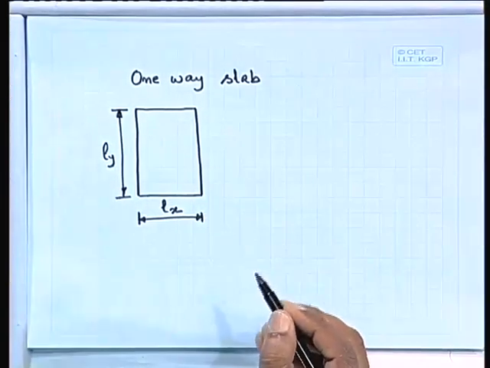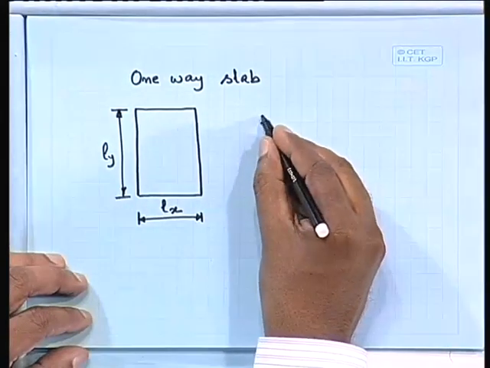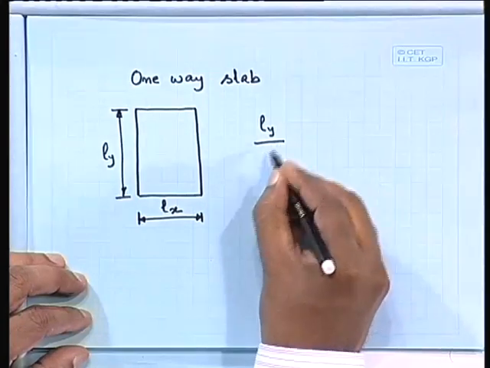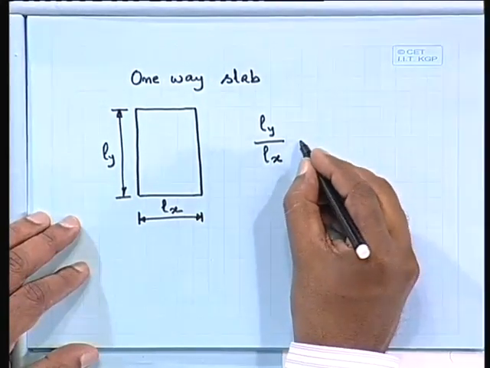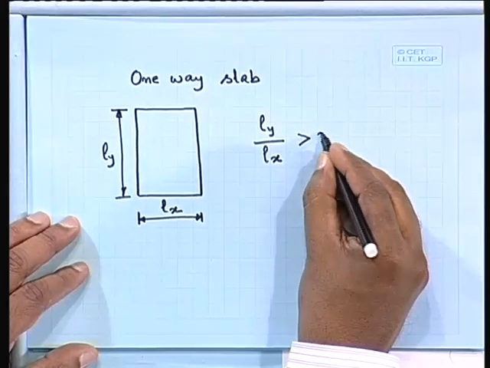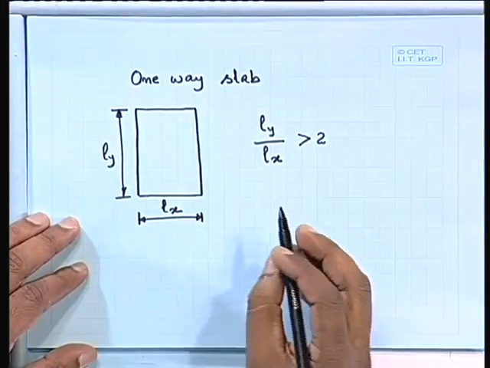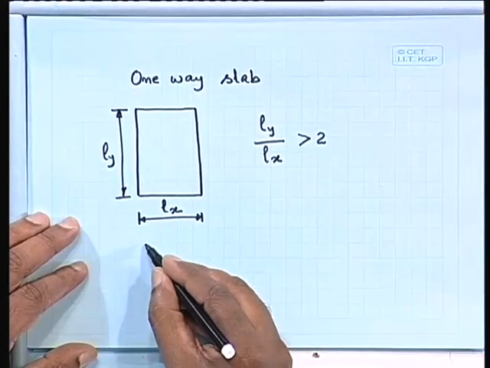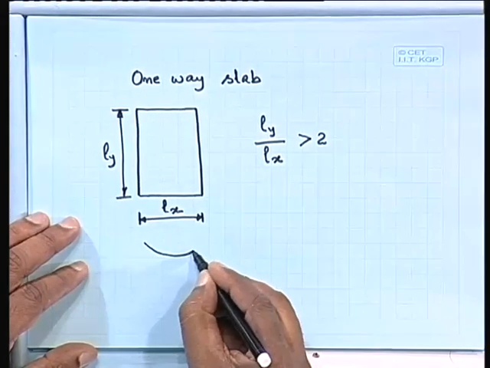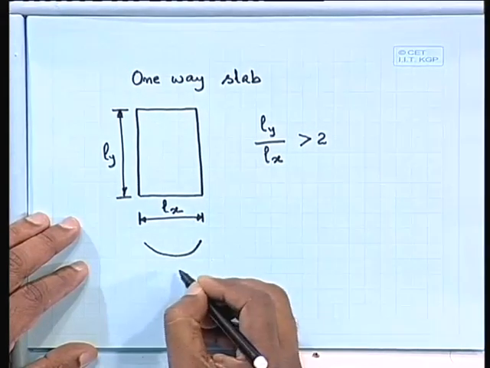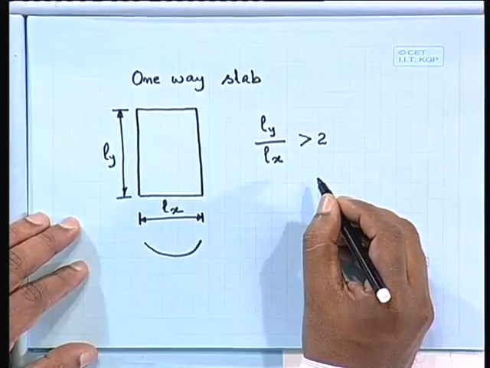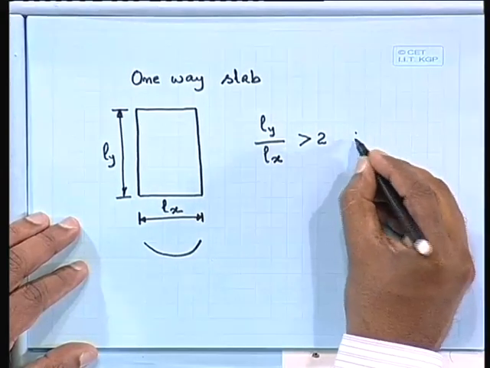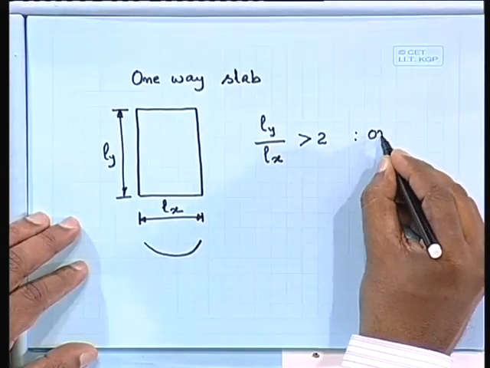So, depending on the case, if Ly by Lx is greater than 2, then the bending will be more in this direction, and that is called one way slab. So, that means this is one way slab.